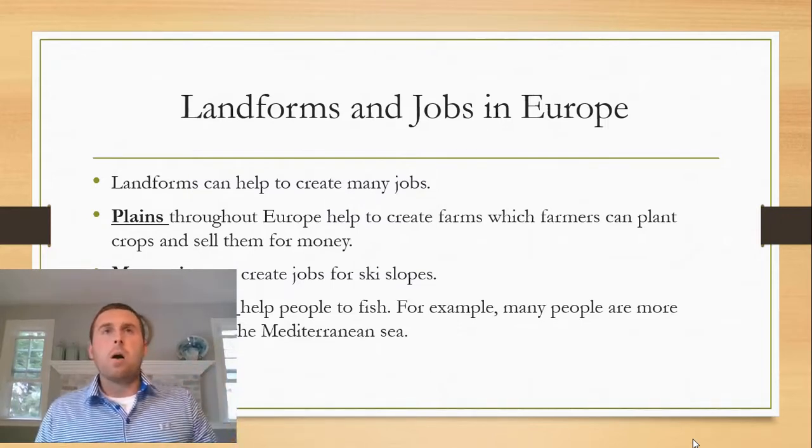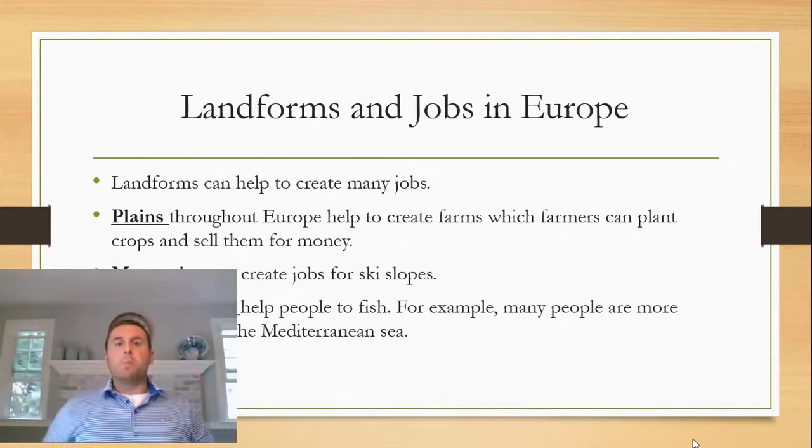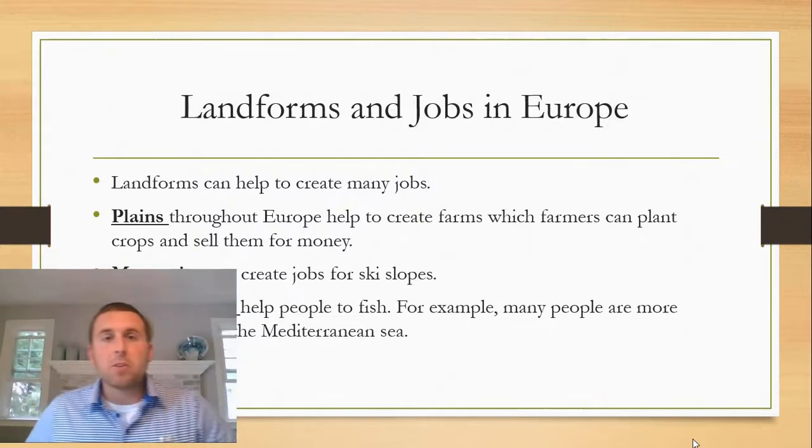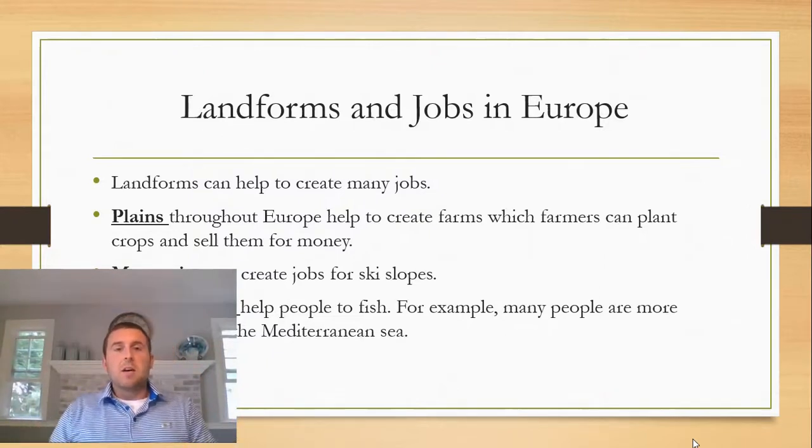Those are two very big fishing cities where the people go out into the Atlantic Ocean. They catch lobsters, they catch different types of fish people enjoy eating. So landforms do help to create jobs in certain places.